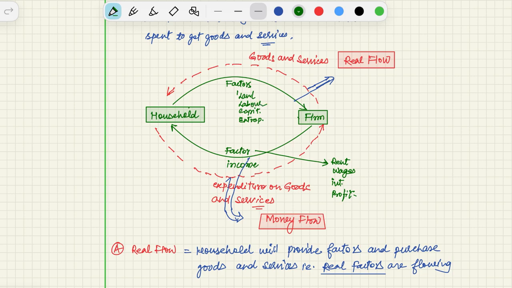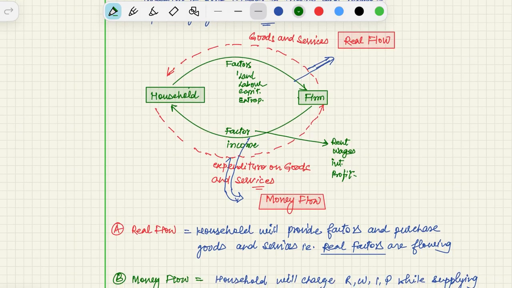In return firm provides factor income, and household will spend that factor income to purchase goods and services. So in real flow, factors and goods and services are flowing.